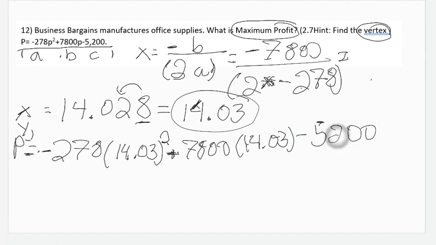The main thing with this, everybody, is just keep track of all those numbers. It's a lot of keeping track of everything. Make sure you're raising it to the second power. Make sure you're using the negative sign, not the minus sign.